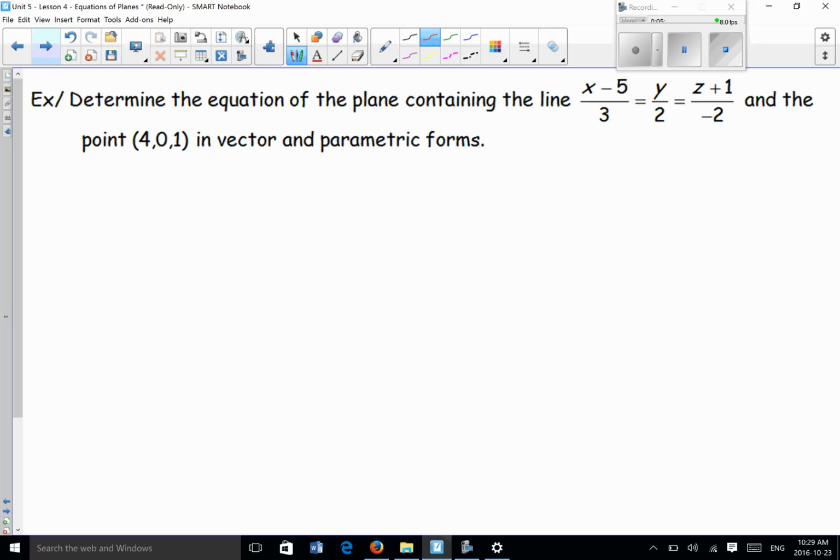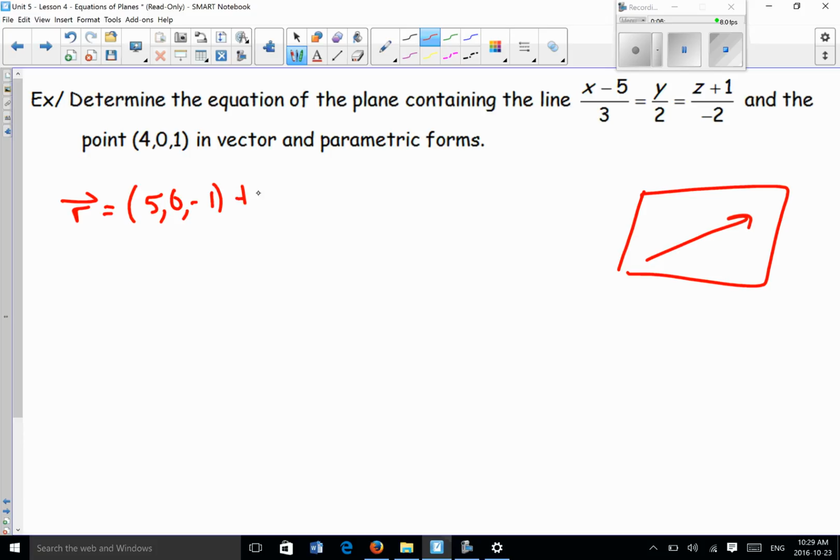Try a second one. So the equation of the plane containing a line. What that's telling us is I've got a plane, and on that plane there's this line. And I know for sure that line lies on that plane. Well, the nice thing about a line, just go back to a line for a second. A line is made up of a point, (5, 0, -1), plus a direction, right? (3, 2, -2).